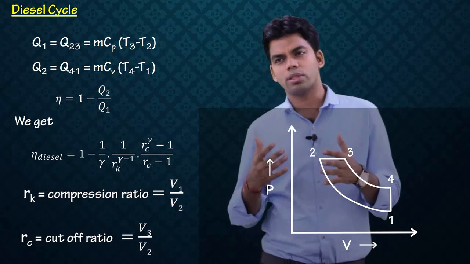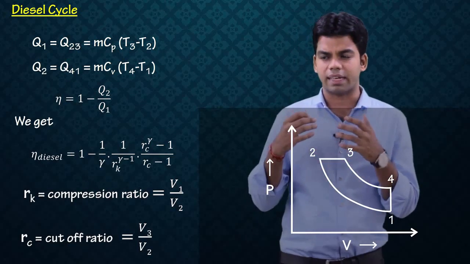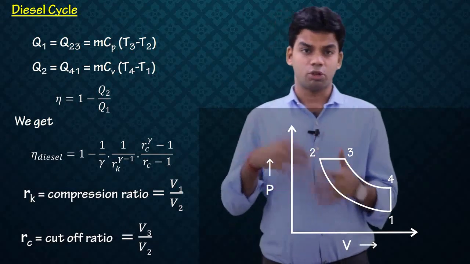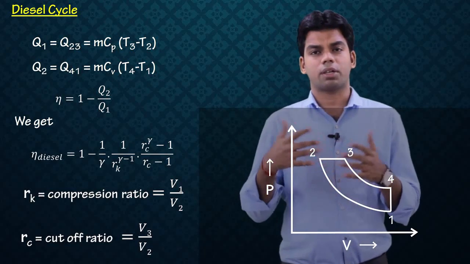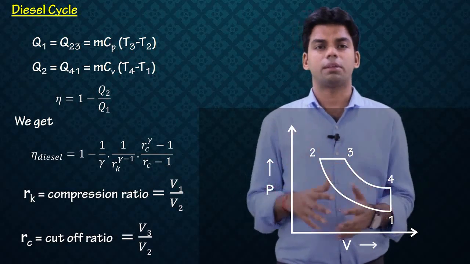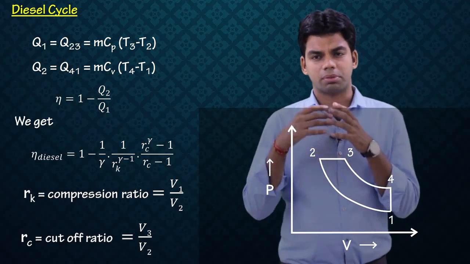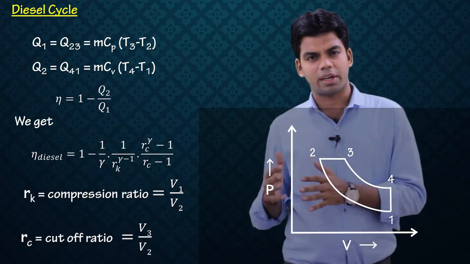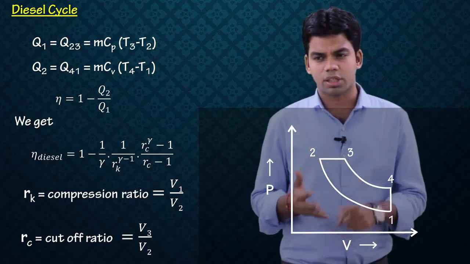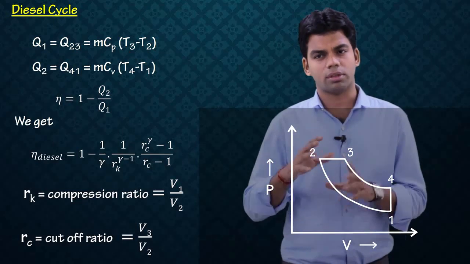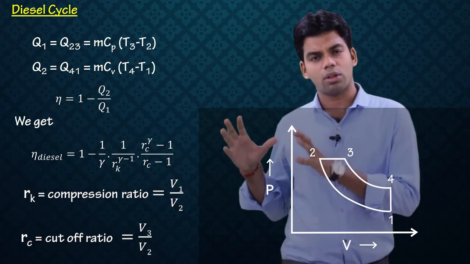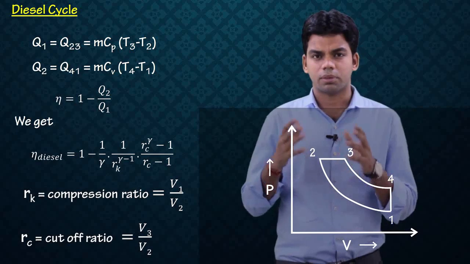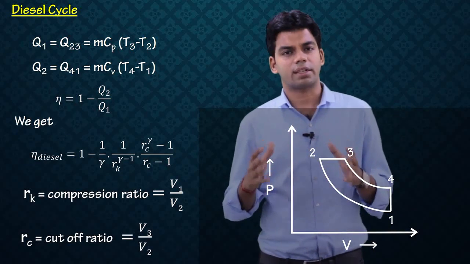If you are getting confused about when we have to take V1 by V2, or should it be V2 by V1, or should the cutoff ratio be V2 by V3 or V3 by V2, in order to remove your confusion, just remember one thing: all such ratios which we are taking, whether it be compression ratio, cutoff ratio, or expansion ratio, the value of all these ratios is always greater than 1.